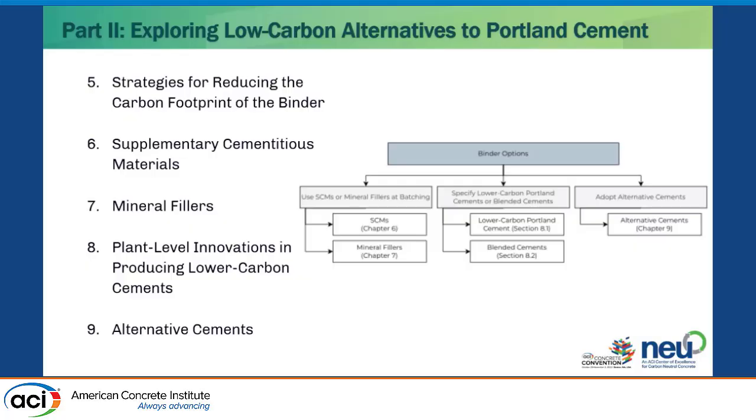You still see Portland cement, but it is produced differently so that the carbon footprint is less compared to traditional Portland cement. Then it discusses blended cements under that category, and then full replacement using alternative cements. So chapters 6 through 9 are devoted to those different alternatives to Portland cement.